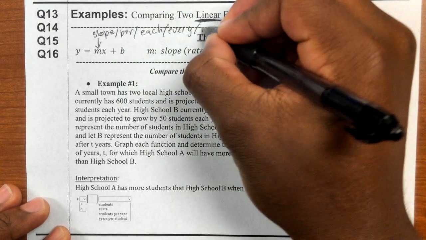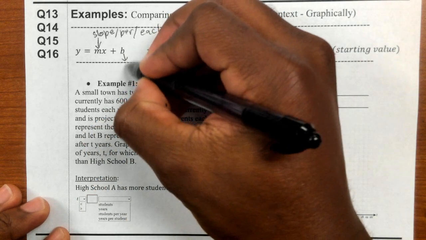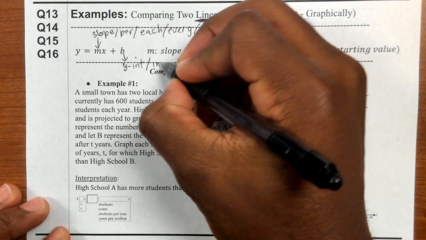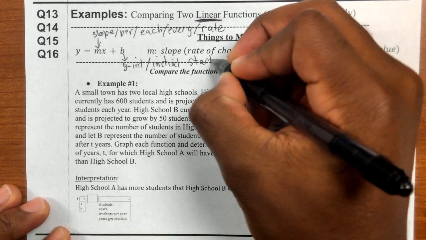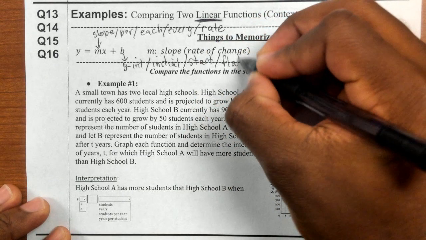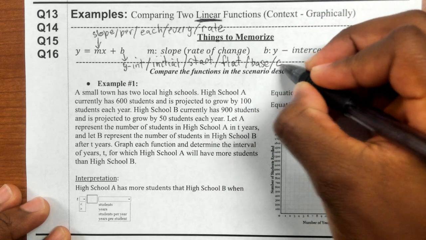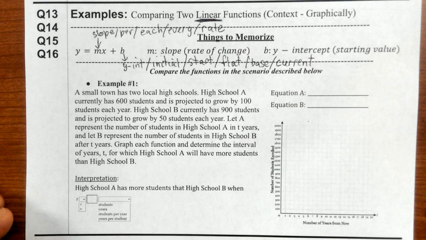And then the b represents the y-intercept, where the keywords of y-intercept are initial, start, begin, flat, base, original, and then here's a new one, current. That's a new one that you're going to be seeing in this unit, okay?